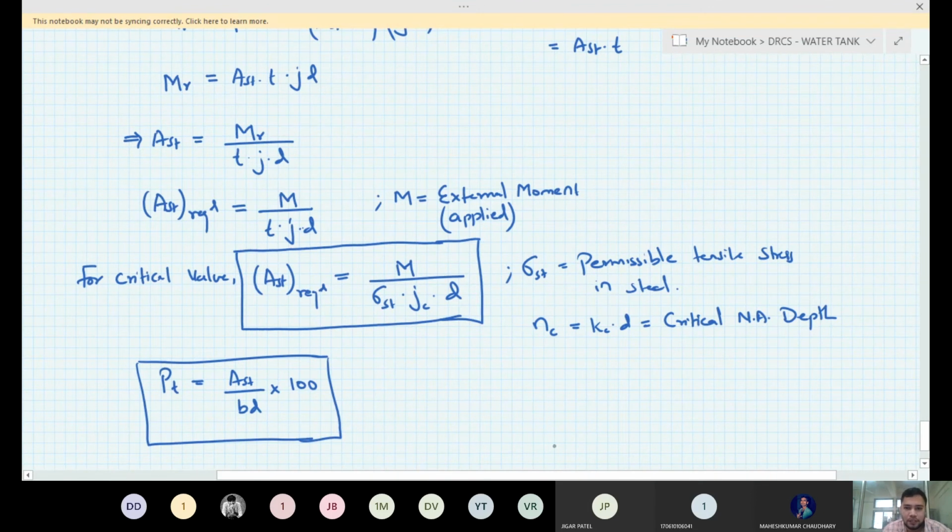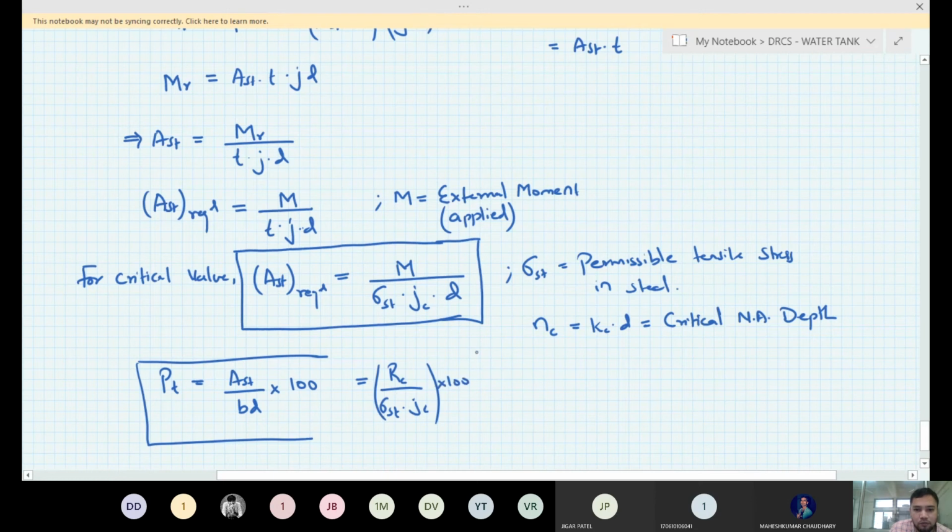And this is analogous to this, or we can also write AST by BD as RC times RC by sigma ST JC times 100.